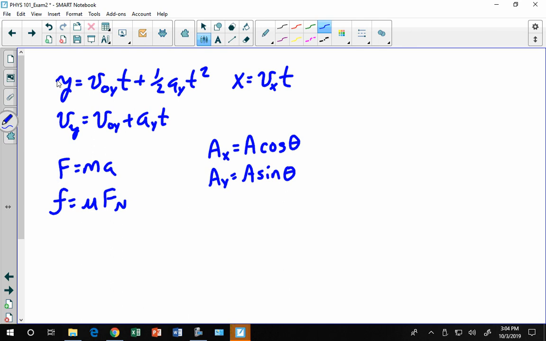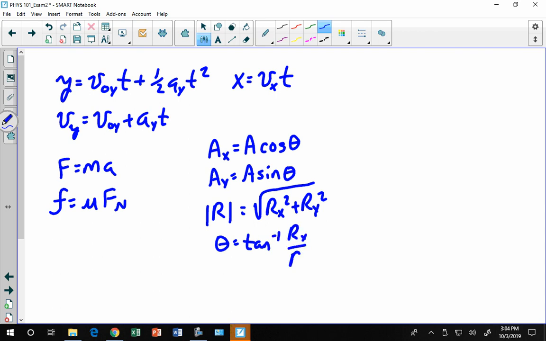And the magnitude of r is the square root of rx squared plus ry squared. This is all just our vector math from chapter 2 or whatever we did this. And then also the angle theta for r is the inverse tan of ry over rx.